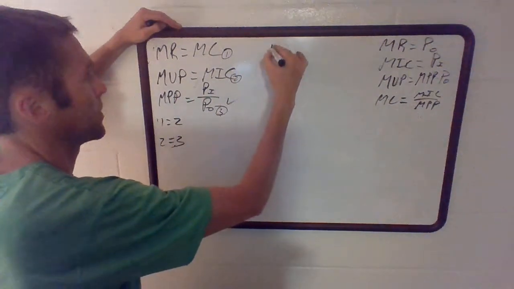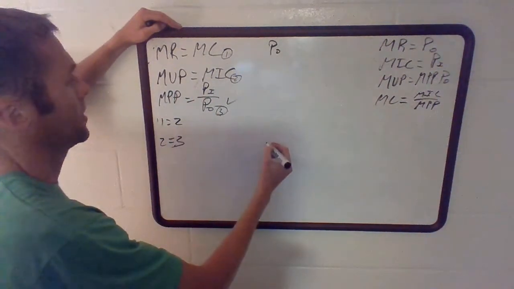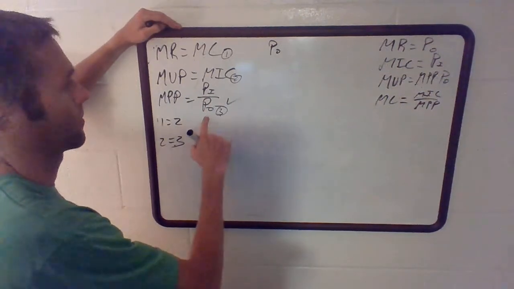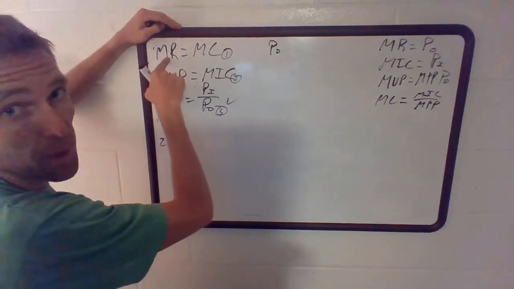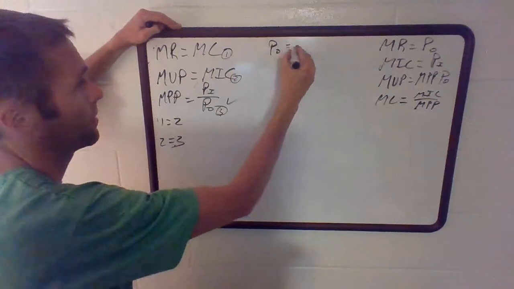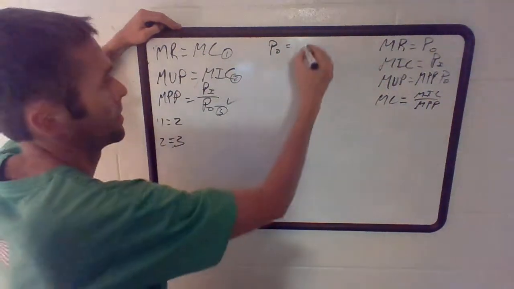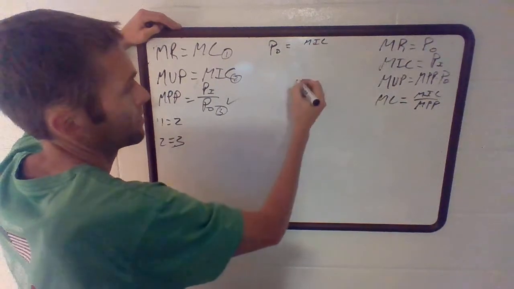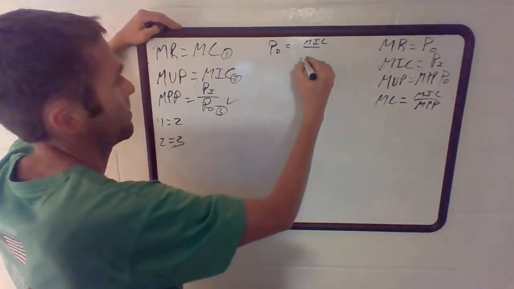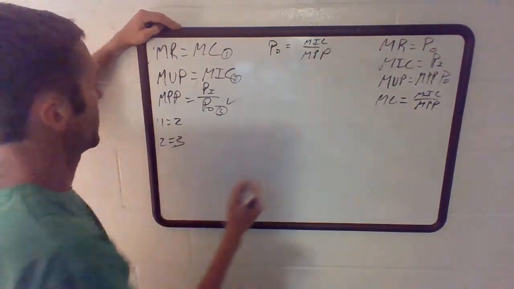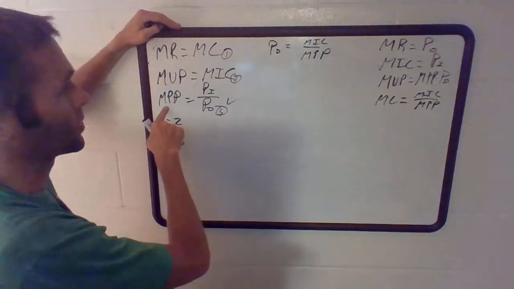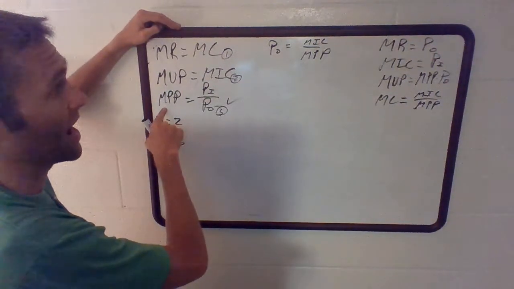So marginal revenue is equal to the price of the output. That's good. We've got that. So I've substituted marginal revenue for the price of the output. And marginal cost, the same as the marginal input cost divided by the marginal physical product. So that's good. I have that.